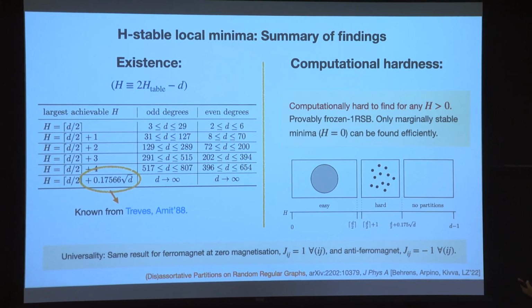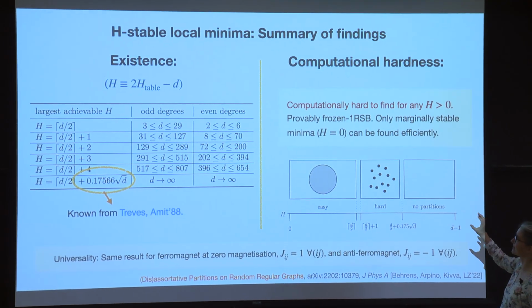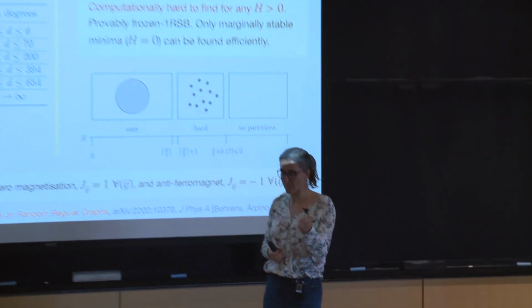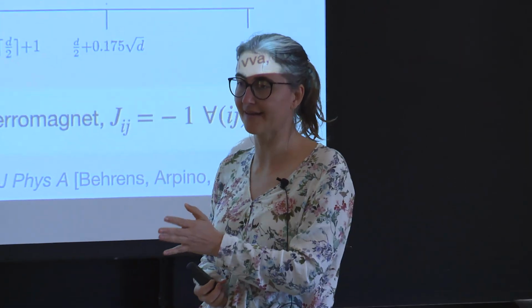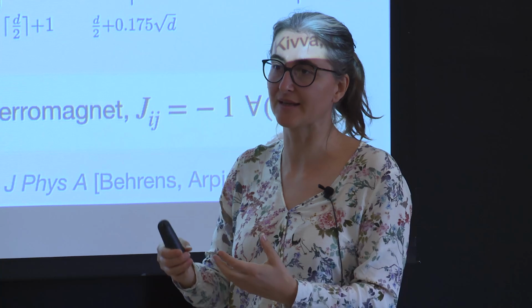And what that implies, again, by works of people in the audience, is that this actually makes the problem for positive H computationally hard for local algorithms, but probably a much larger class of algorithms. And also what we saw in our equations is that the form of the final equations totally does not depend on whether I take the Jij's all positive, ferromagnet, all negative, antiferromagnet, or plus or minus 1 randomly, the spin glass.